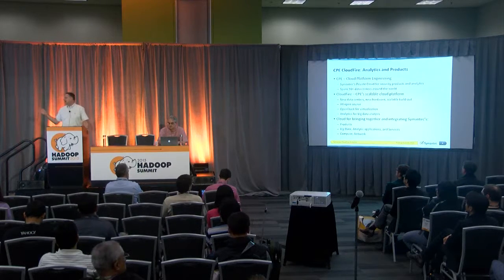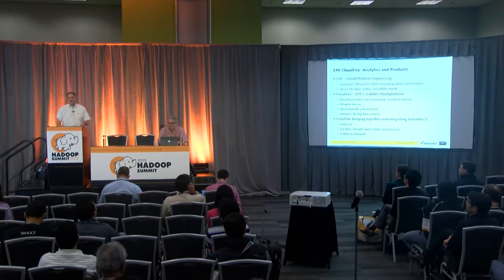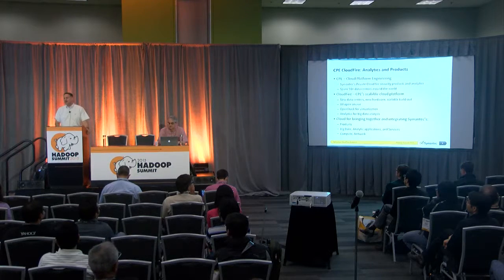In addition, for a very large portion of that cloud, we have an interest in using the cloud resources for doing analytic processing. There's a lot of data that has to be streamed in from many devices, and we'll talk about what some of those devices are and how we process the data.